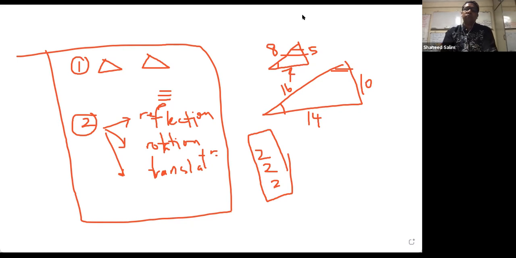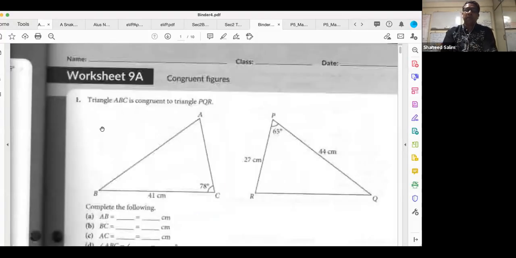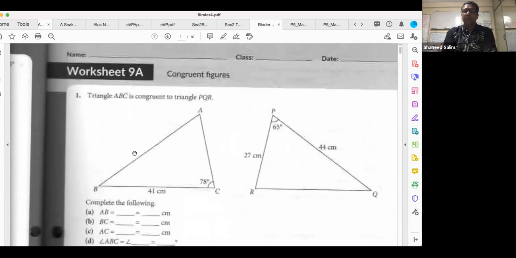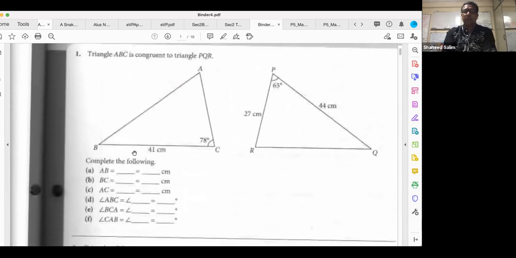So anyway, we'll move to this. Can you try the question from the book, 9A? Can you try to fill up this one and tell me what the answers are?